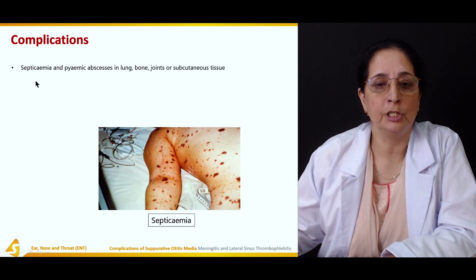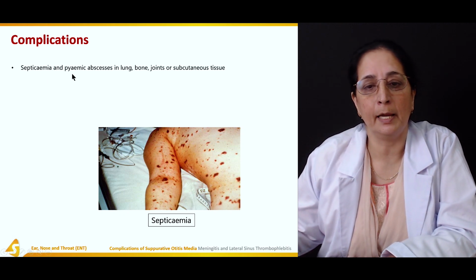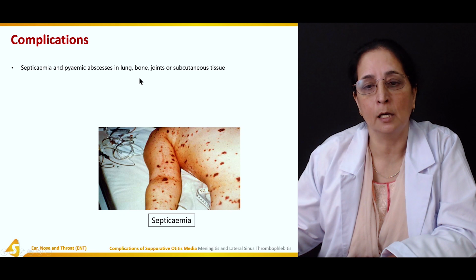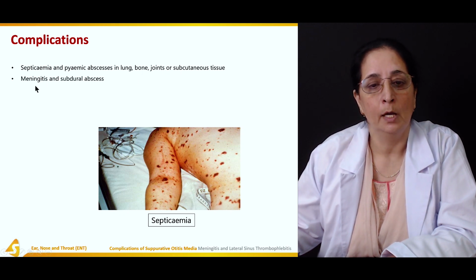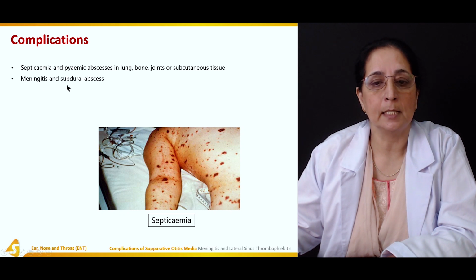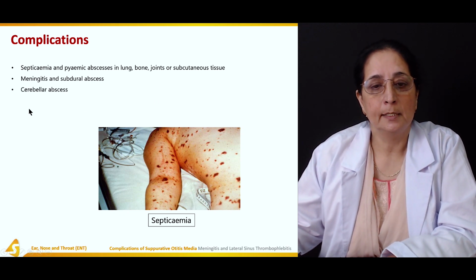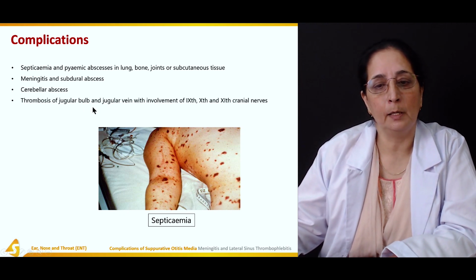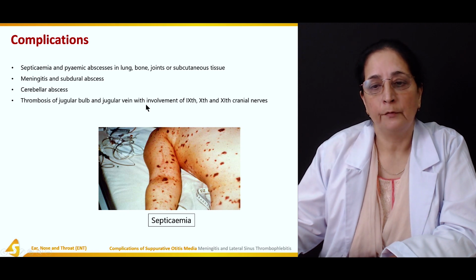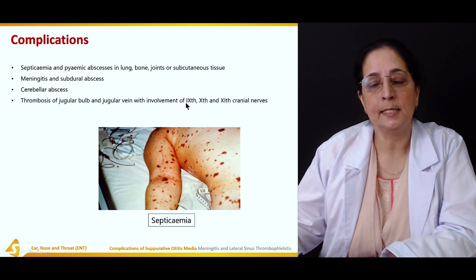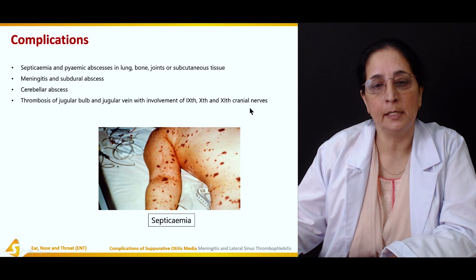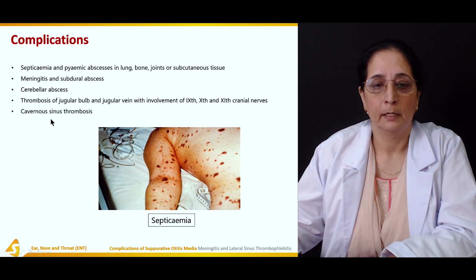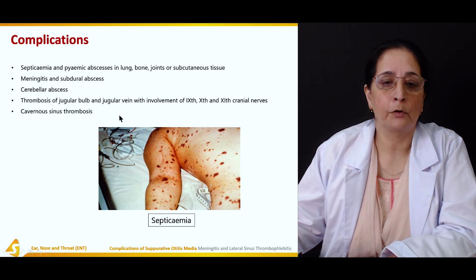So complications: septicemia and pyemic abscess in the lung, bone, joints or subcutaneous tissue, meningitis and subdural abscess, cerebellar abscess, thrombosis of jugular bulb and jugular vein with involvement of 9th, 10th and 11th cranial nerve, cavernous sinus thrombosis.